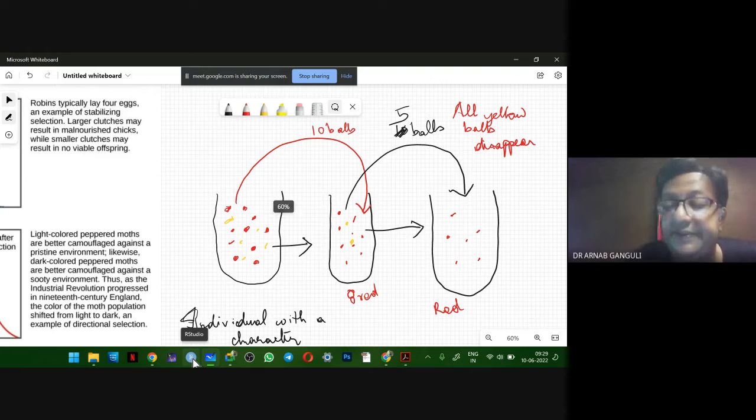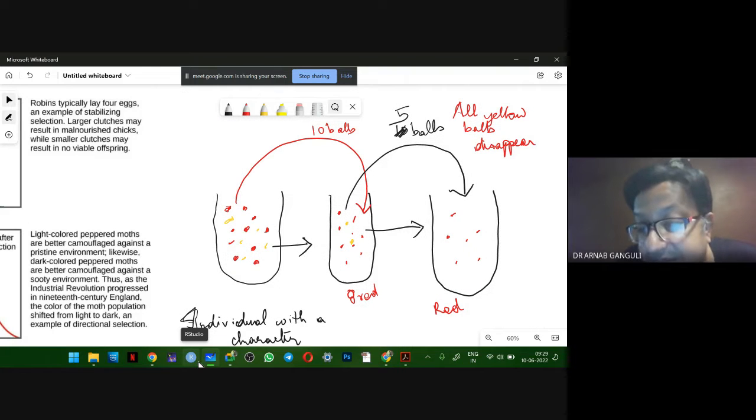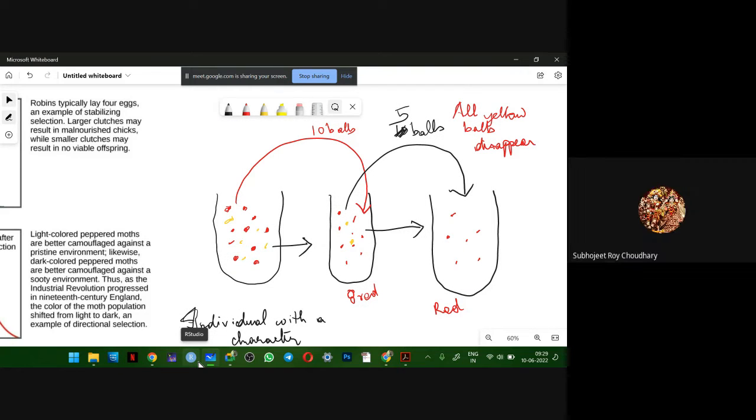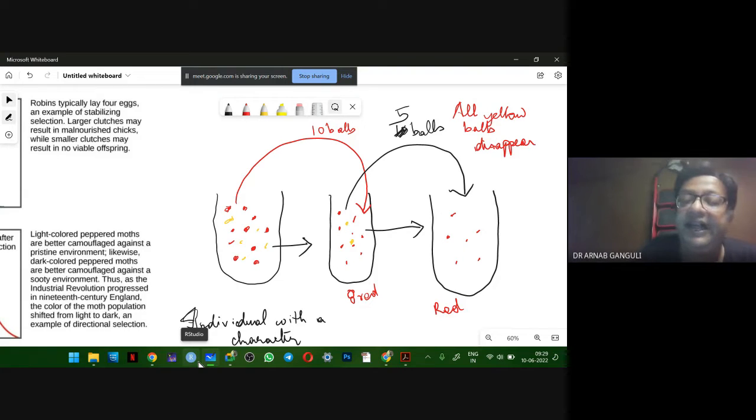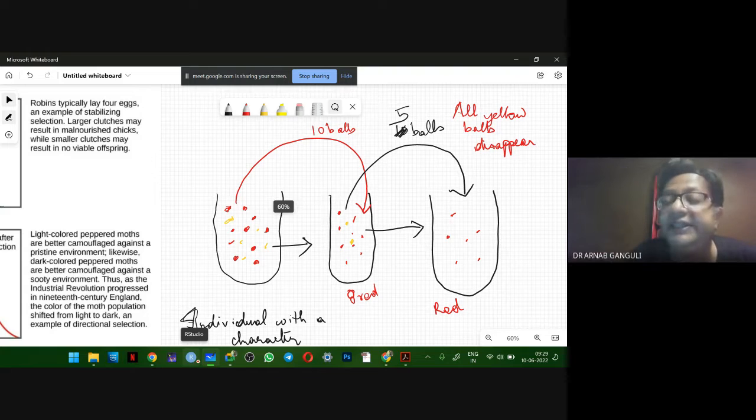Clear? Yes, no? Yes, sir. Okay. So this phenomenon, gradually through generations, is not natural selection. You are picking randomly, and it is happening in a small population.